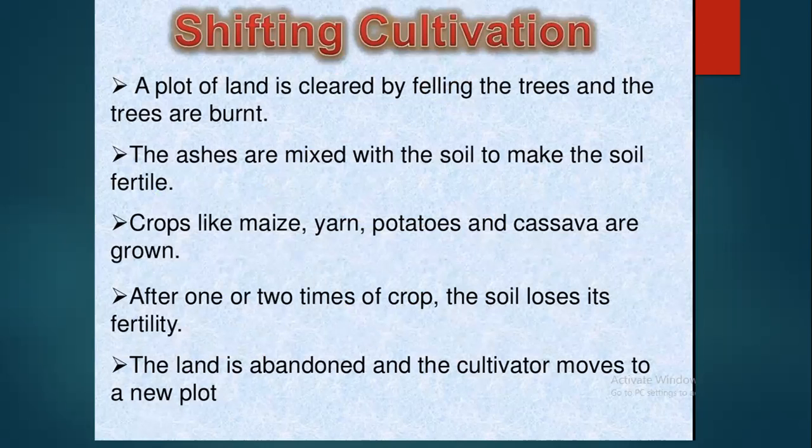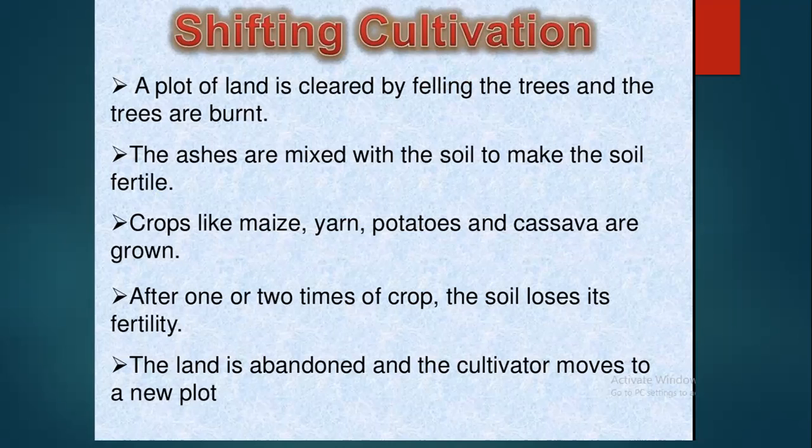After using the land for one or two crops, the soil loses its fertility. Now the cultivator will not use the land anymore. They will leave the land and move to a new plot. That is shifting cultivation.